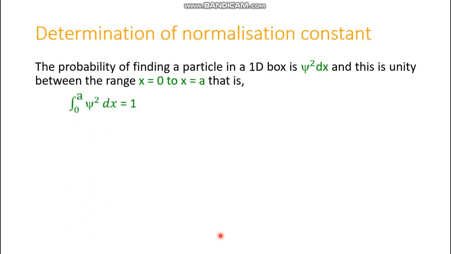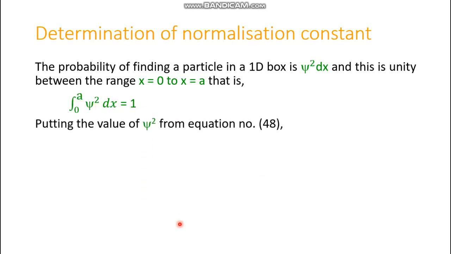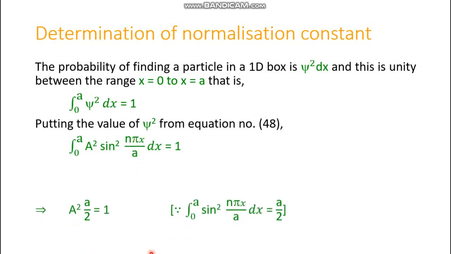We can represent this as an integral: integration from 0 to a of psi squared dx equals 1. Putting the value of psi squared from equation number 48, we get A squared sine squared theta dx, where theta is n pi x by a, and this equals 1.